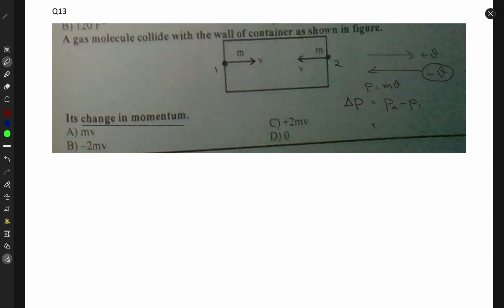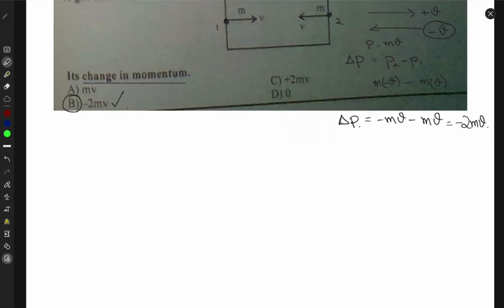So here we would have M times negative V minus P1, which is M and V in the positive direction. So it would be M and just positive V, which becomes, let me write it over here, minus mv minus mv, and if I do this sum, it becomes minus 2mv. That's the change in momentum, which is option B, minus 2mv.